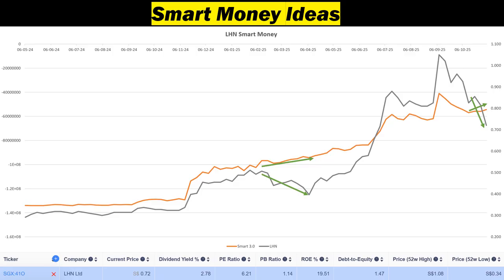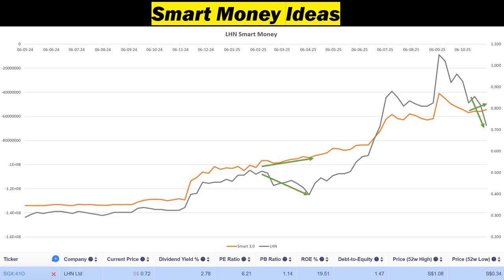Between February to early April this year, we can see that there's a correction in price on LHN, and yet during the same period of time, the smart money chart continued to rise, indicating that even as the share price corrects, smart money continued to accumulate on the stock, so that eventually you will reach a point in time whereby the price will reverse and continue to trade higher as the smart money continues its buying activity.